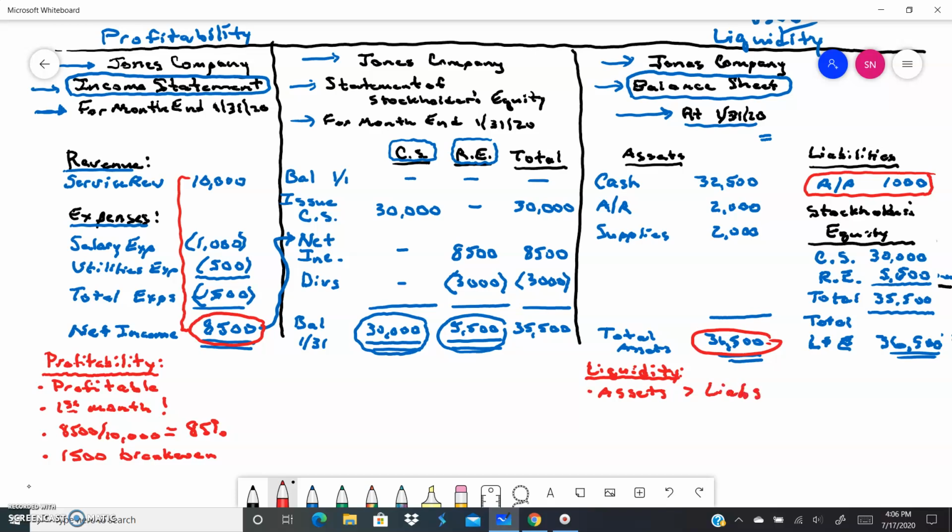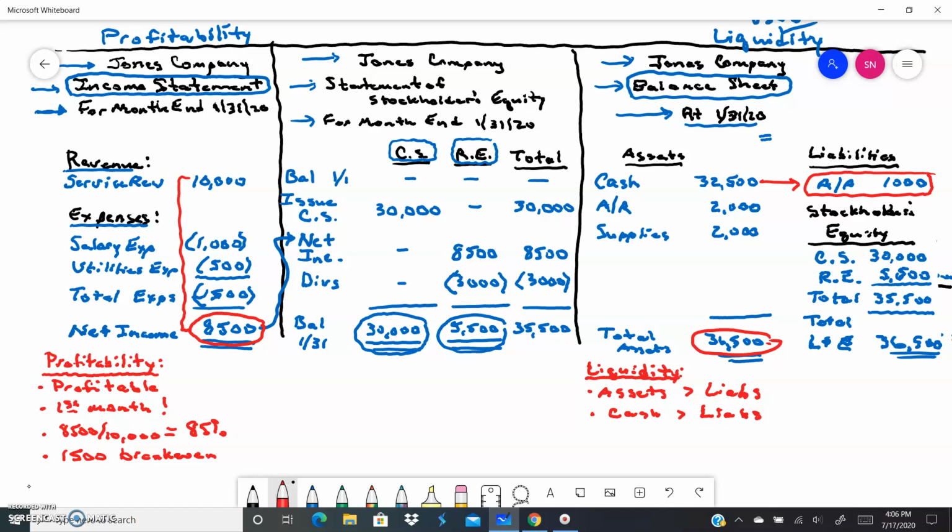I don't think there's any question about that. Second of all, I think that the cash that we have on hand greatly exceeds our liabilities. So at this point in time anyway, and granted the company is just beginning, but we still have a lot of cash, a lot of resources relative to our liabilities. We're in a pretty good position liquidity-wise.